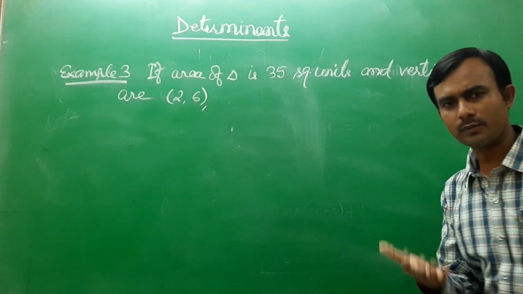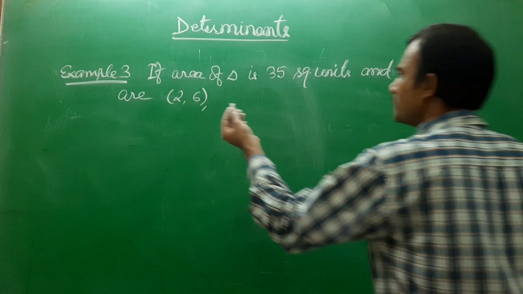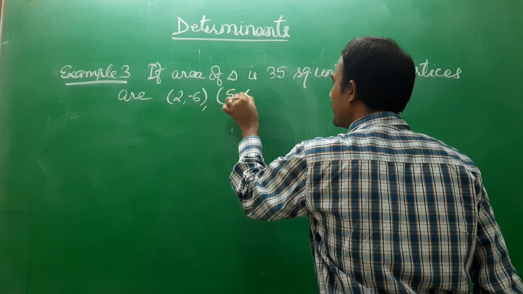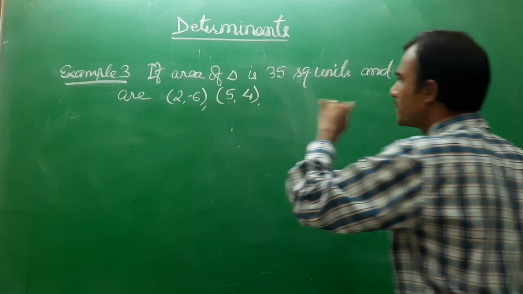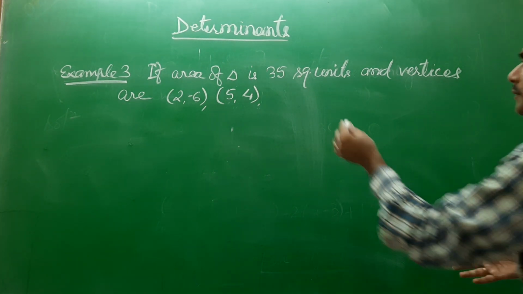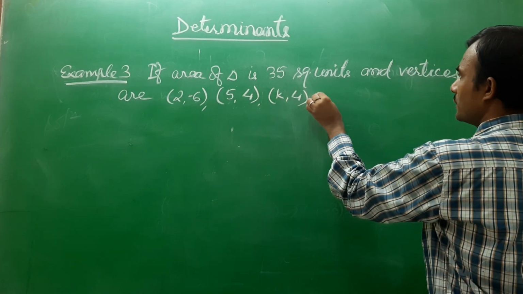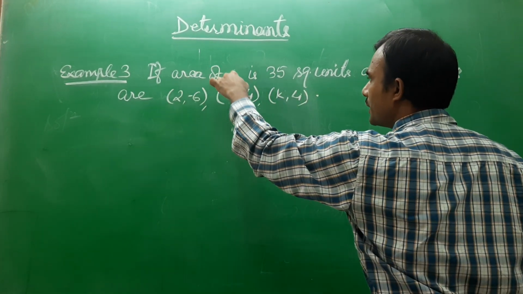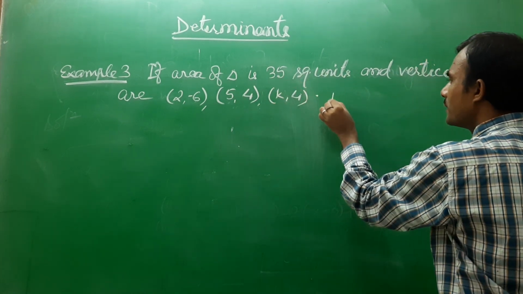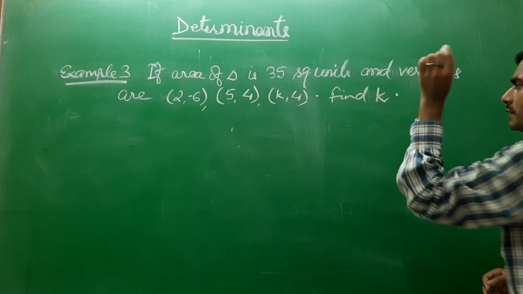You can select according to your choice also. 2, 6, then 2, -6, then 5, 4, and with a variable so that we can find the value of that variable, K, 4. If the area of the triangle is 35 and these are the vertices, find the unknown value K.